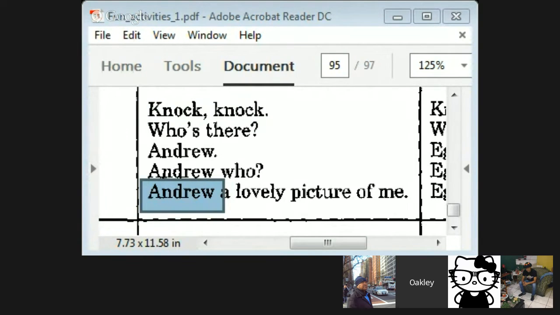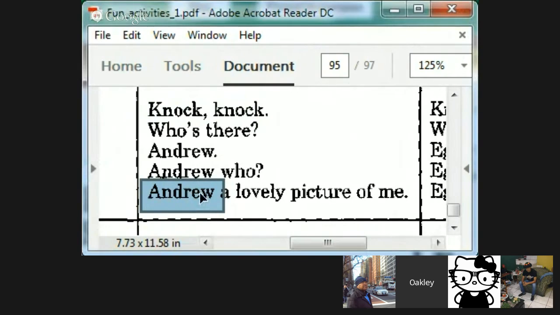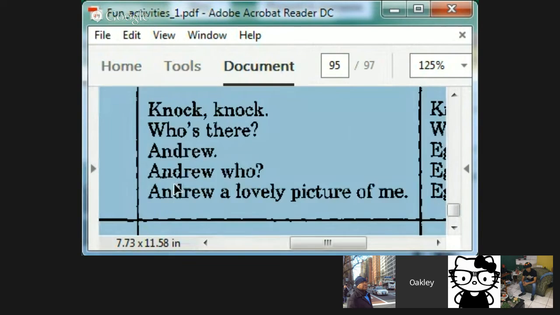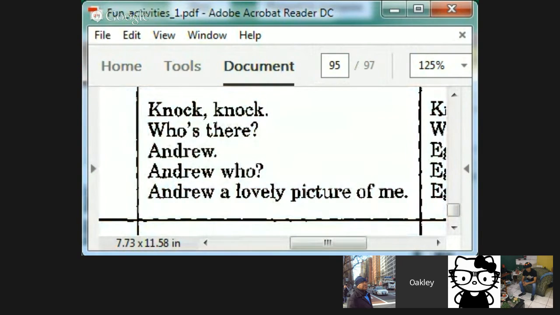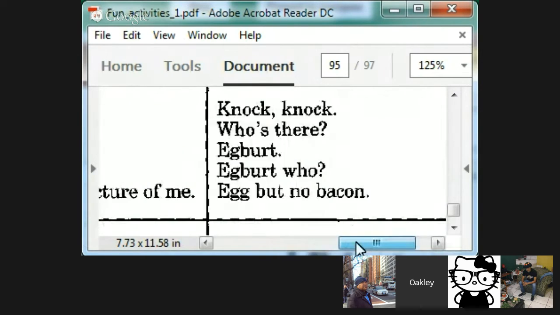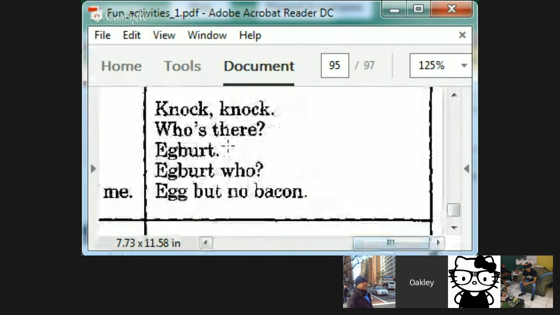So again, making a pun of the fact that we would very closely pronounce the N and the D even in the sentence, Anne drew a lovely picture of me. Anne drew. There would be no pause between those. So the joining sounds are very close.